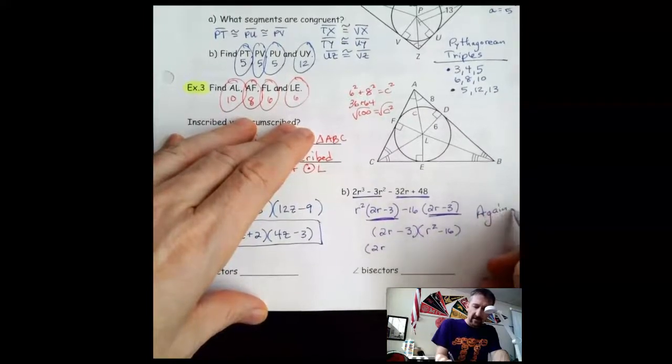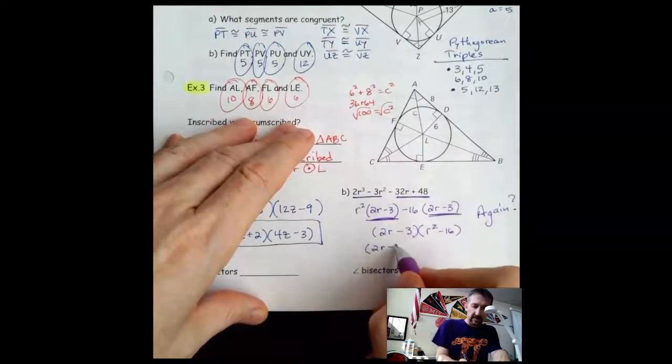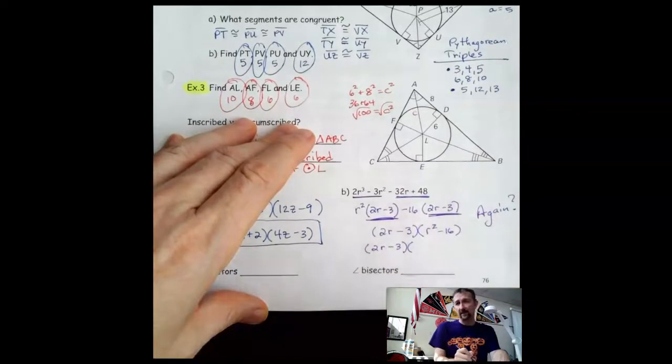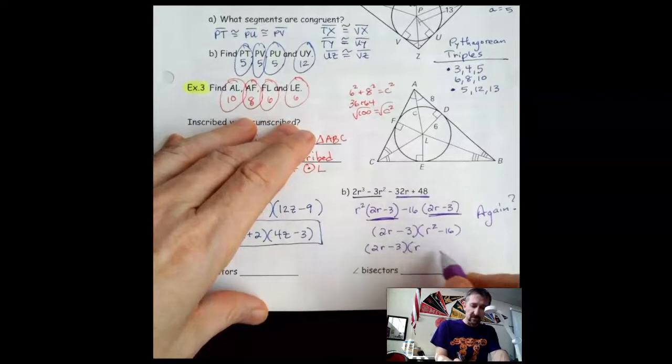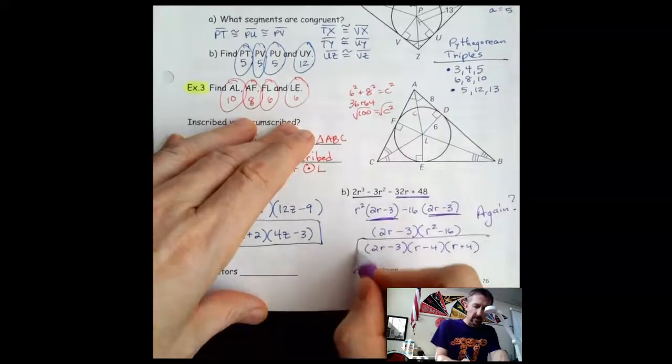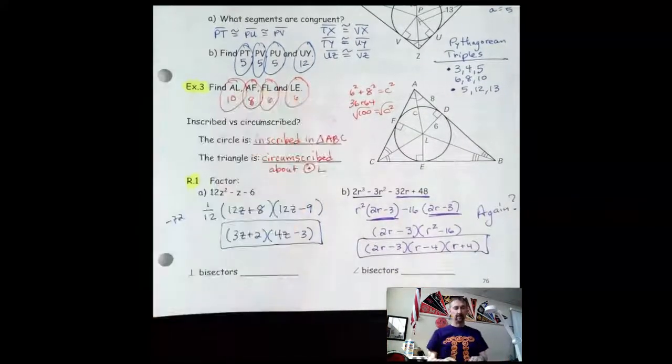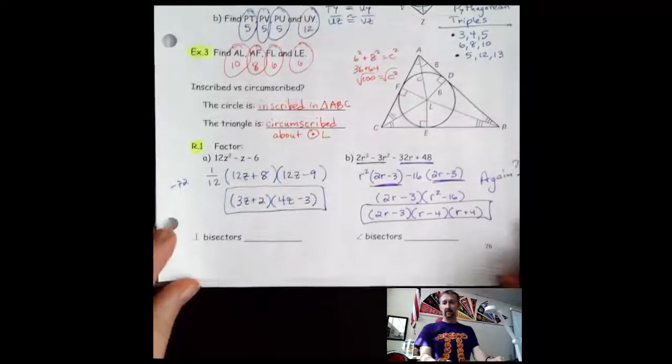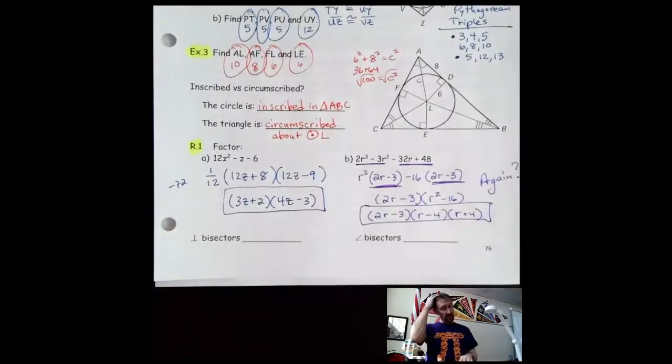Can you factor again? Yes, because that should be recognized. We use that a lot. That's the difference of 2 squares. So that's just where you take the square root of the first thing and the square root of the second thing. So r minus 4 and r plus 4. Okay? Bam.